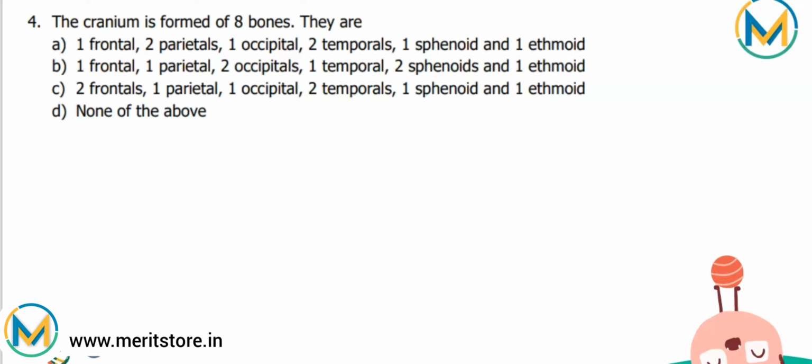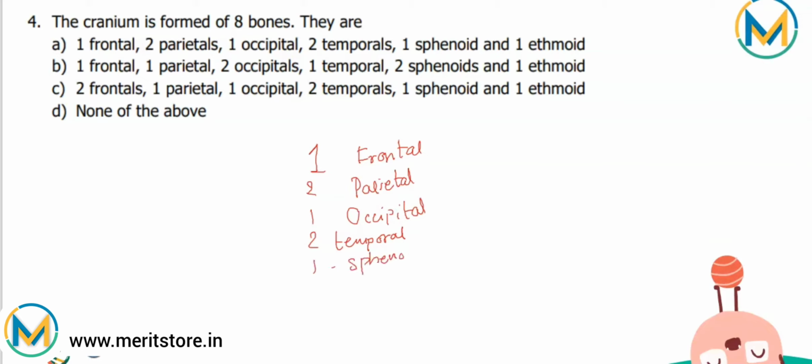So we need to know that the cranium is made of 1 frontal bone, 2 parietal bones, then 1 occipital bone, 2 temporal bones, 1 sphenoid bone and 1 ethmoid.